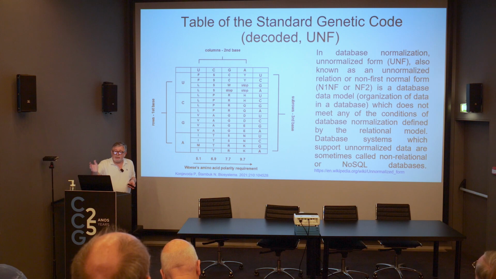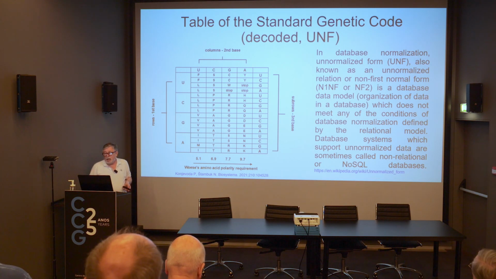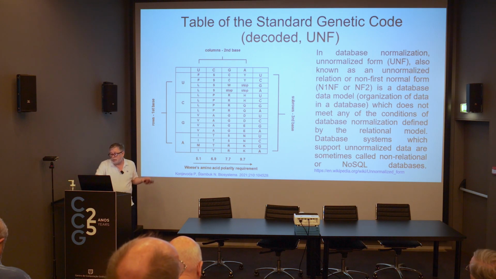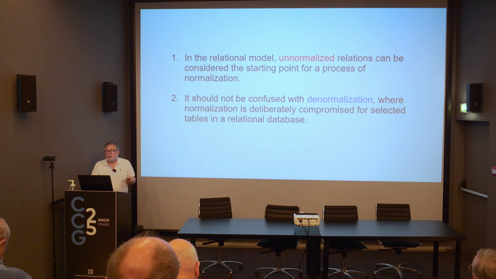So when decoded, C and G in 3 dimensions switch places, and the normalization can be performed. As I said, non-relational databases are also used nowadays, NoSQL databases, but it's out of the scope of this. So in the relational model, unnormalized forms are considered the starting point.